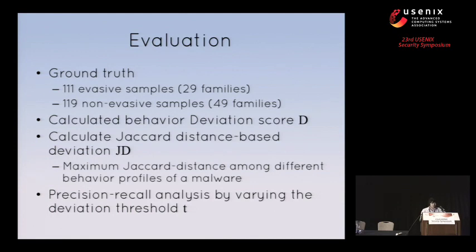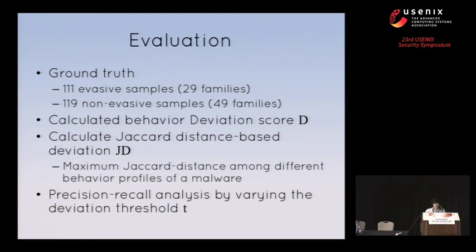We use that as our evasive sample ground truth. For the non-evasive samples, we collected malware samples that were submitted to Anubis. We manually analyzed them in all 4 different environments and selected 119 samples which didn't show any evasive behavior in all 4 analysis systems.